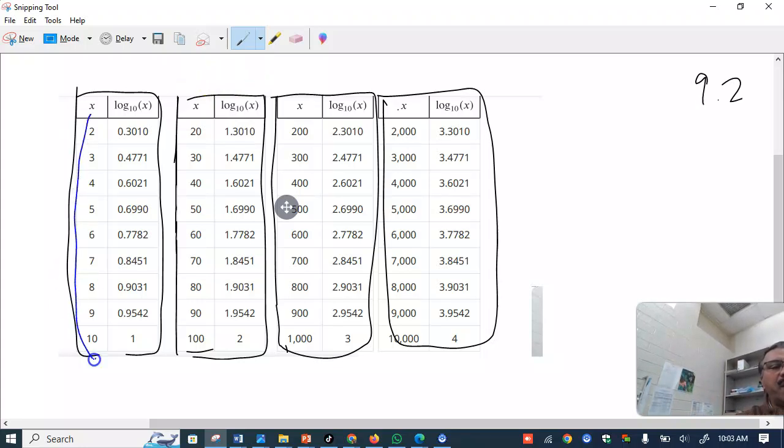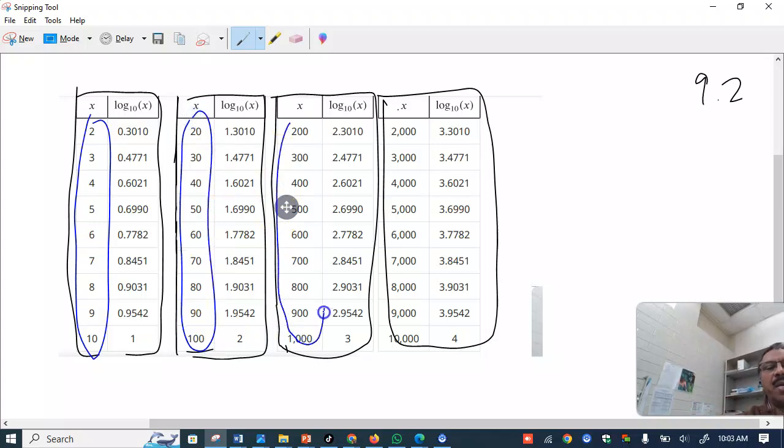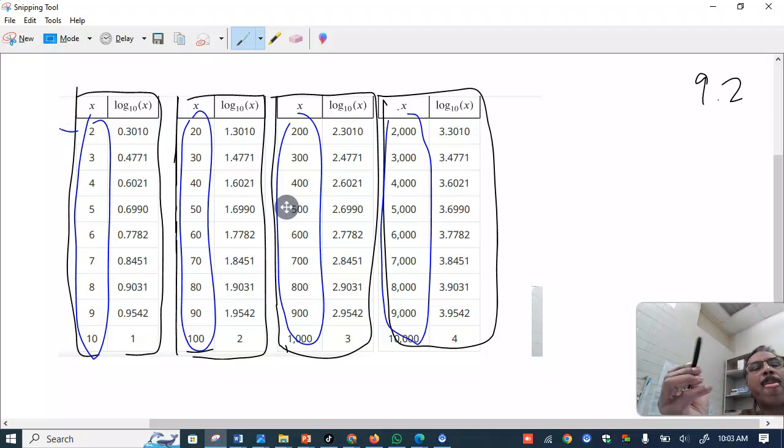I want to focus on this color. See all these numbers. In the first table, they are single numbers 2, 3, 4, 5. In the second table, the input that you see, this is the input, right? The input is multiplied by 10. So if this is 3, this is 30, this is 4, this is 40.